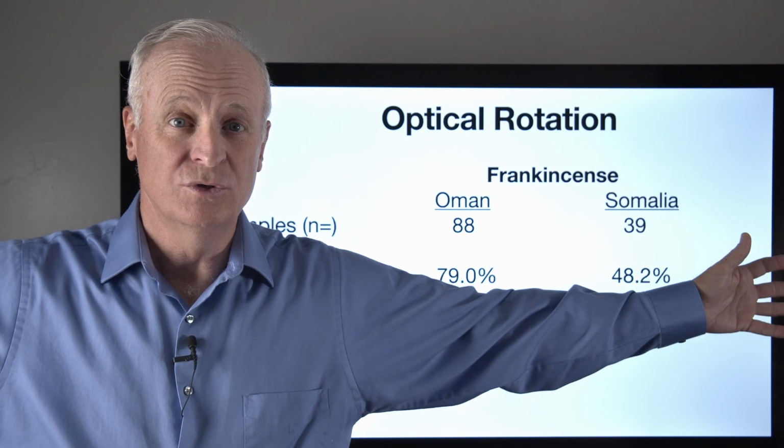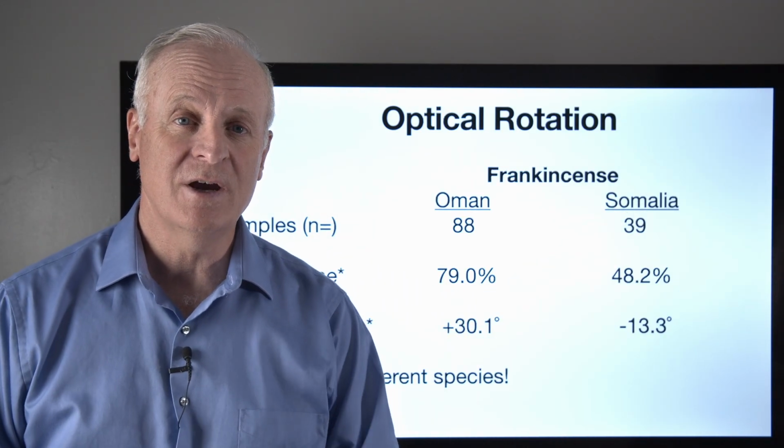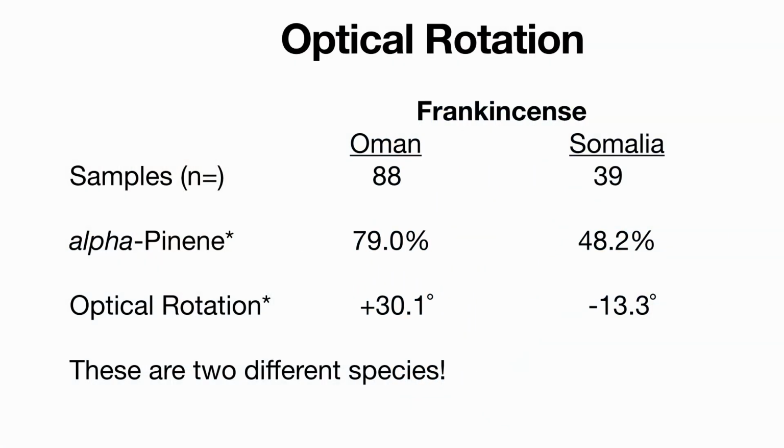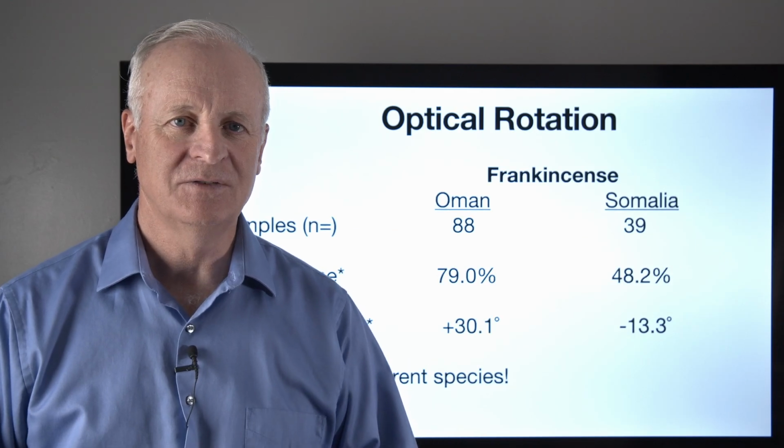This is huge. The difference in optical rotation is very significant. This is the proof I was looking for to be able to differentiate Oman frankincense from Somalia frankincense.